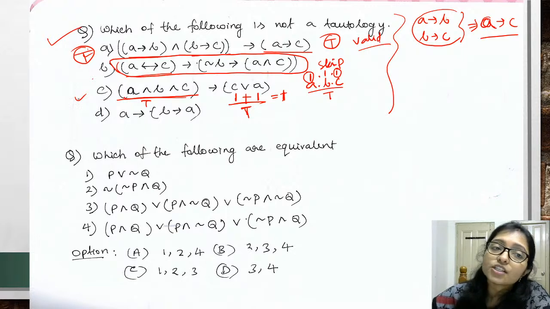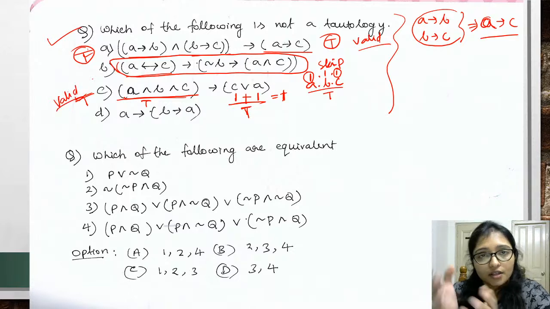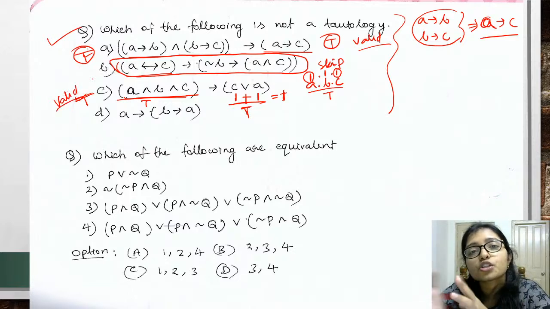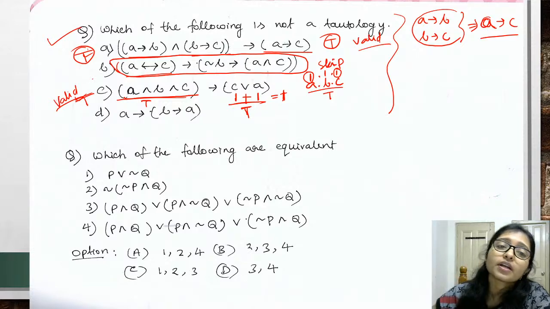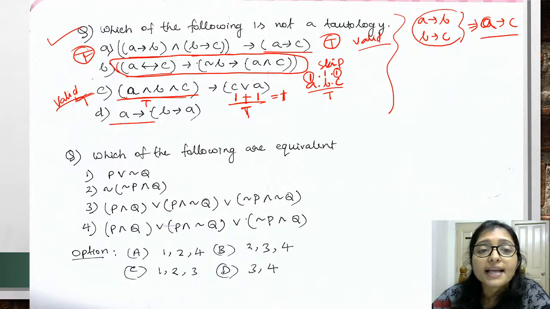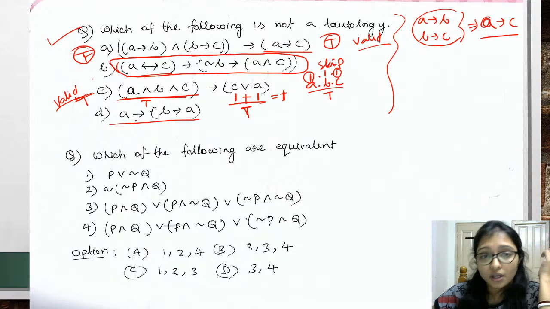So it is also tautology, it is also valid. Whenever it is true, it will also be true. वैलिड मतलब क्या है? ये अगर ट्रू होगा तो वो भी ट्रू होगा, राइट? That is also true, so it is also tautology.